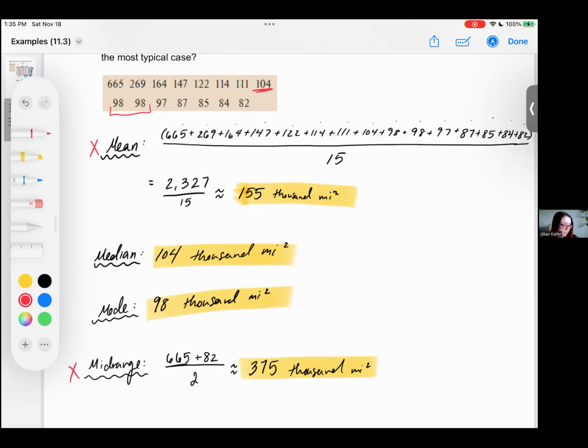So in all honesty, our median was probably a better measure of our average in this case because it was the one right in the middle there, as opposed to one of the ones all the way at the end. So the mode is still okay, but the median is probably the best one in this case.